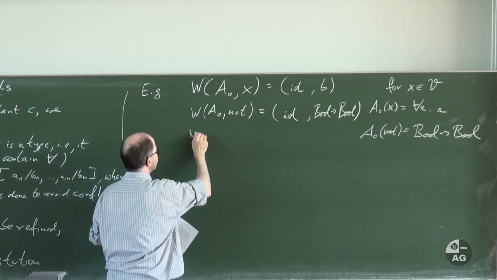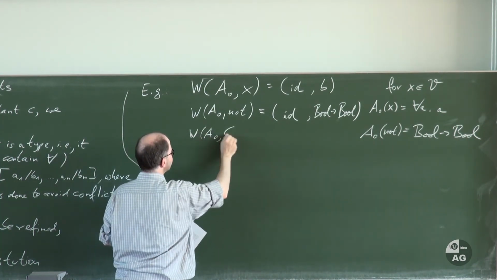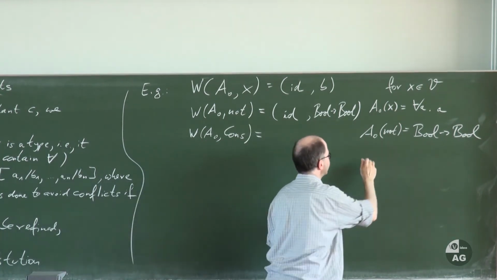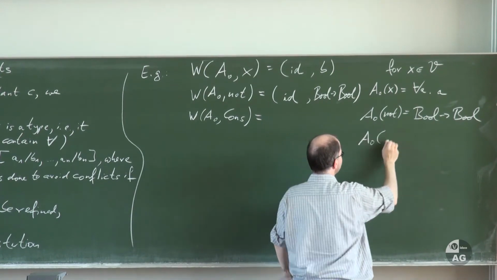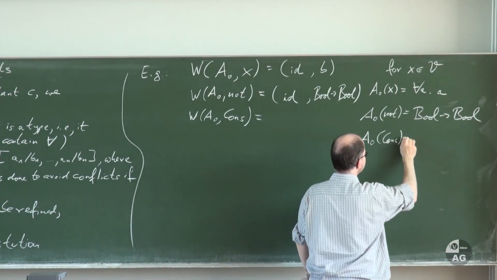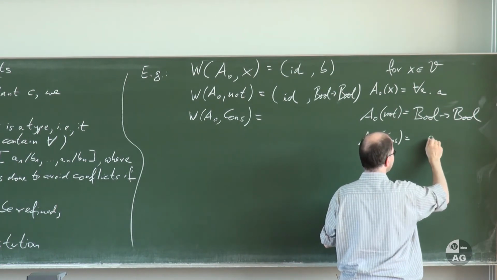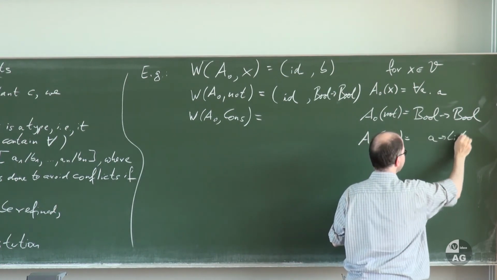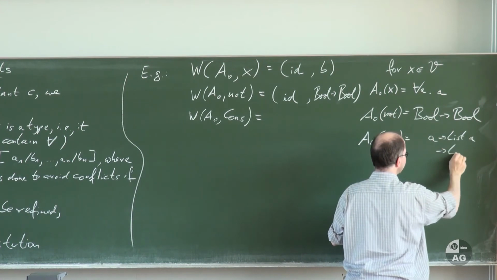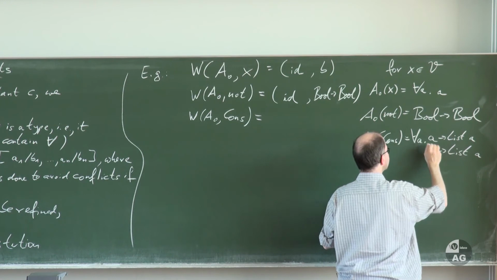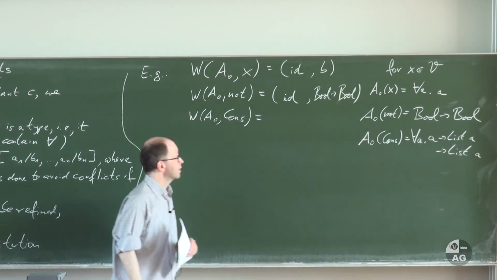And if we want to know the type of cons, for example, well, again, we look into the type assumption. The type assumption tells us that cons has the type A to list A to list A. And here A can be instantiated arbitrarily.